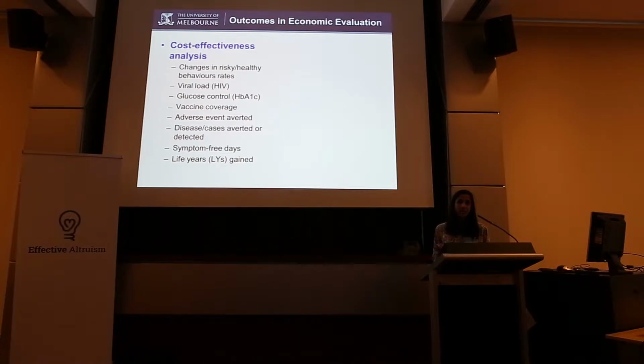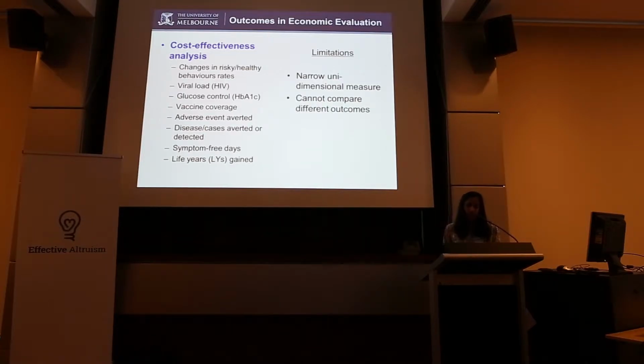There's a whole range of outcomes that are possible to use. There are some limitations with this, as you can probably imagine. First of all, these measures are quite narrow, and they're unidimensional. They're just capturing one small aspect of a disease, potentially.